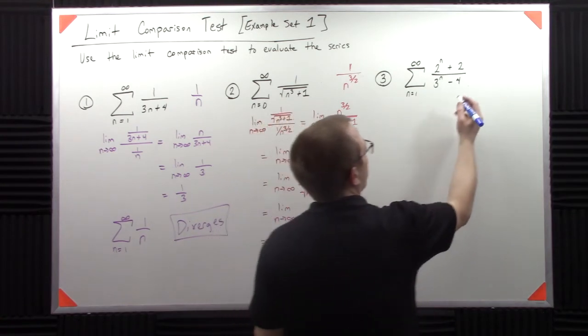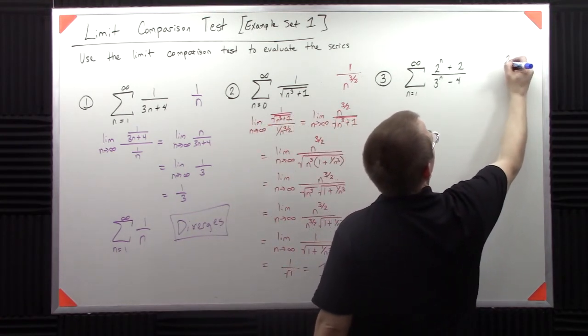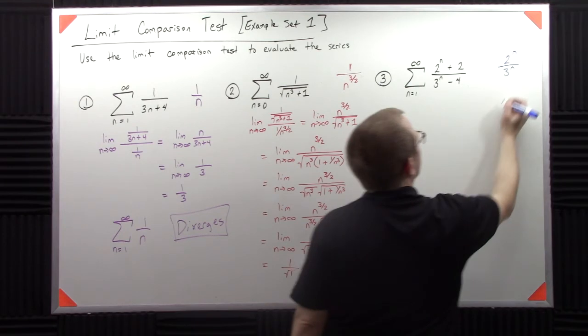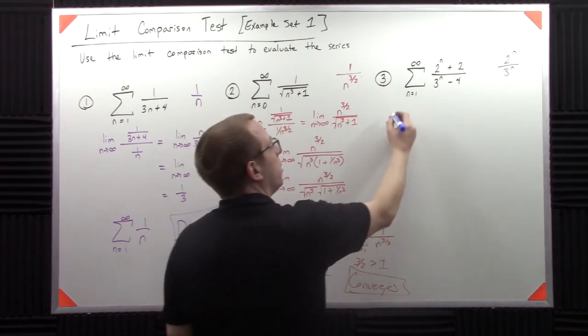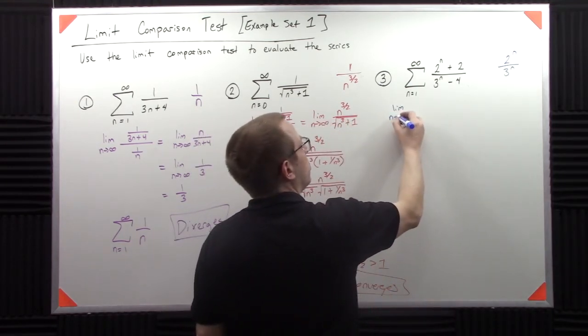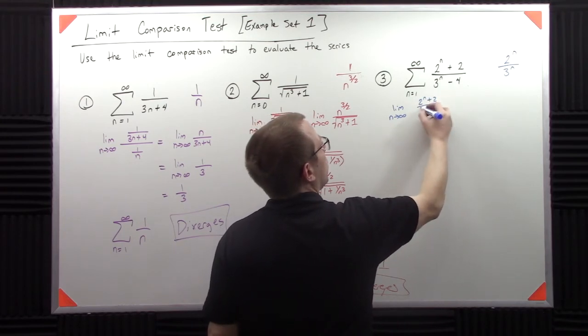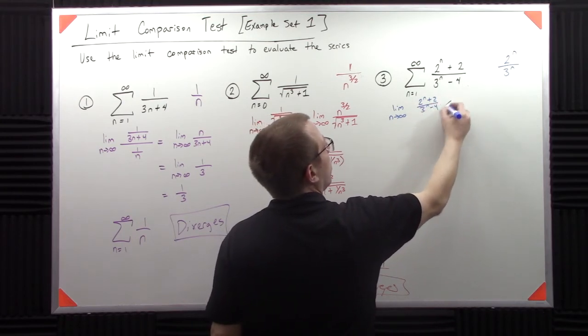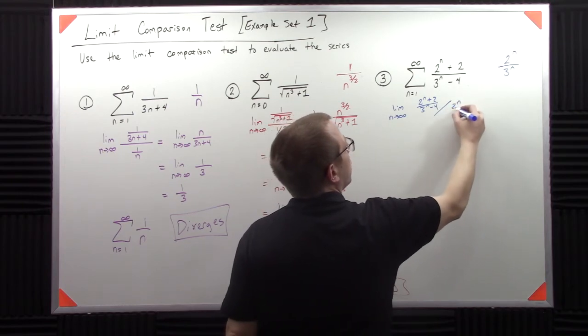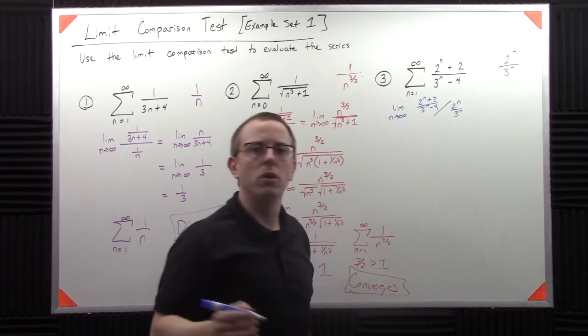So what I say is, okay, I want to compare to 2 to the n over 3 to the n. So now I'm going to take the limit as n goes to infinity of 2 to the n plus 2 over 3 to the n minus 4, all over 2 to the n over 3 to the n.